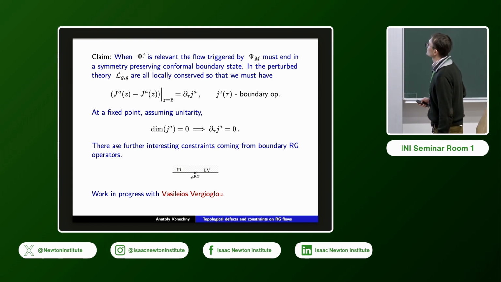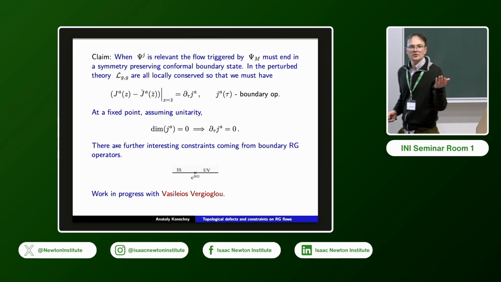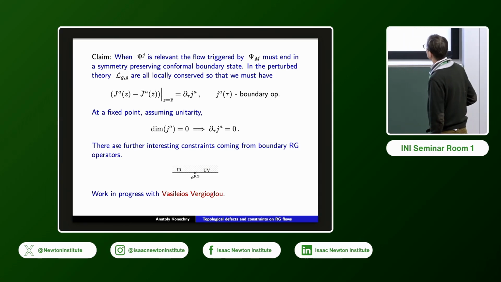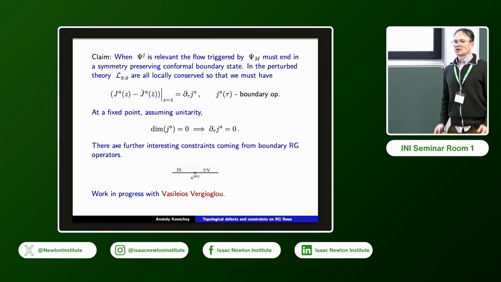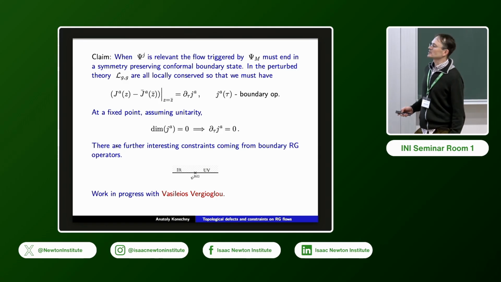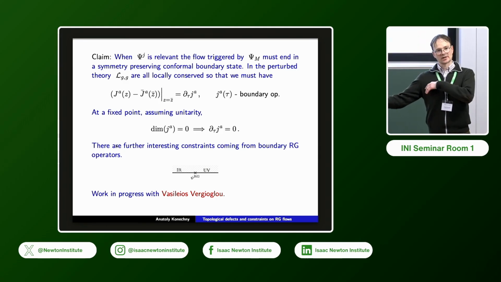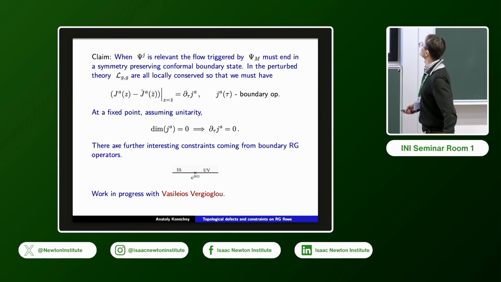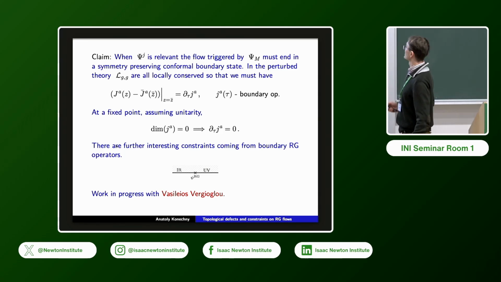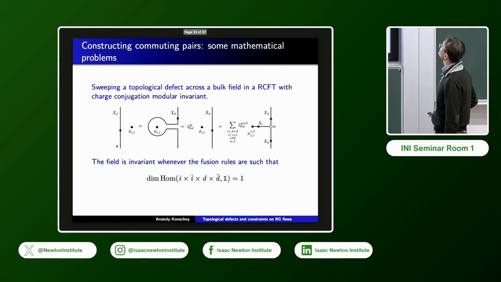If you have some commutation condition with those group junctions, then it again imposes certain interesting constraints. This operator might not always be available, so you get some selection rules for which infrared fixed points are possible and which not for these flows. But this is still, as I said, work in progress.